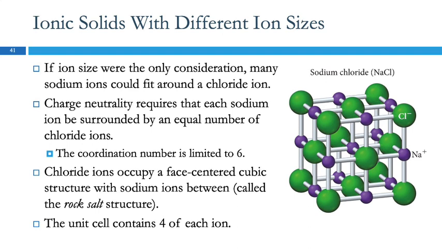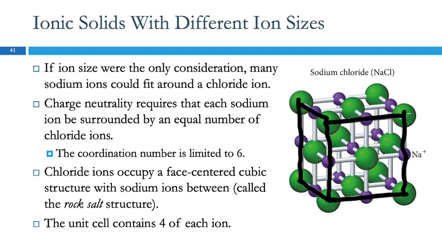So this is one face of the unit cell, right? And then it goes over here and over there. So we've got chloride ions in the corners, and we also have a chloride ion where?